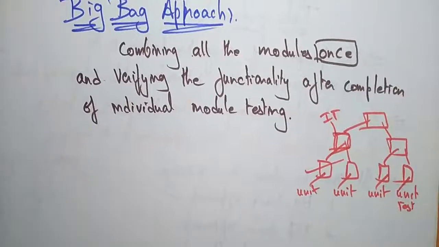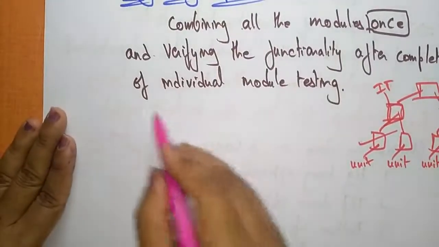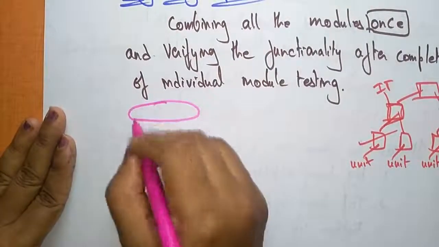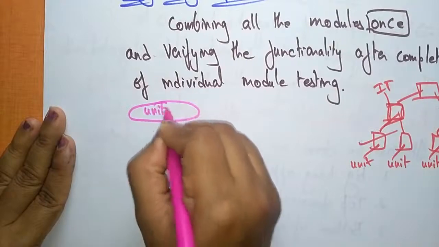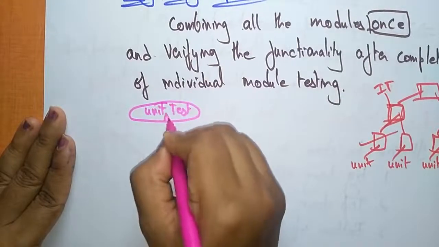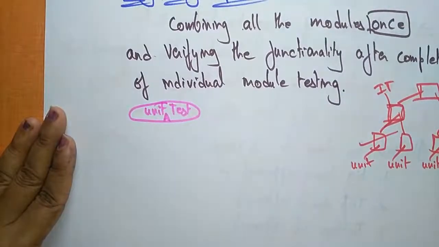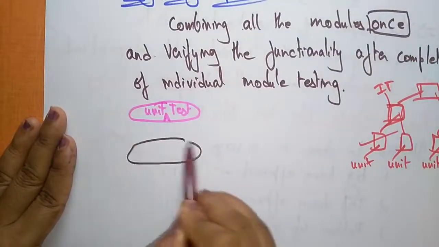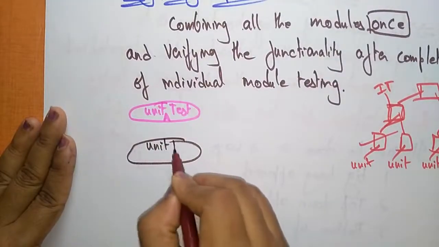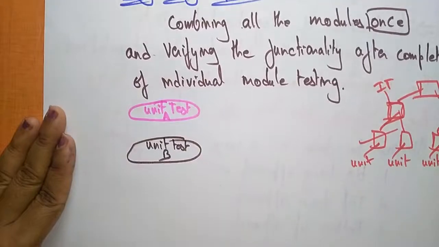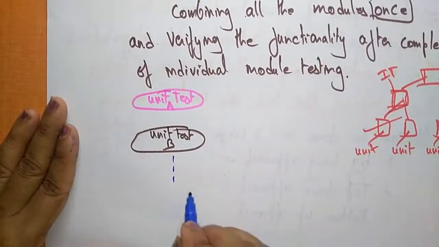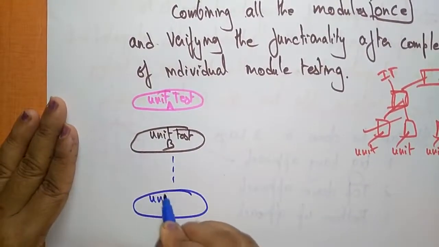We are combining all modules at one time. Let me take a simple example. Let us take this is unit test A module, or else another, unit test B module, and unit test H module.